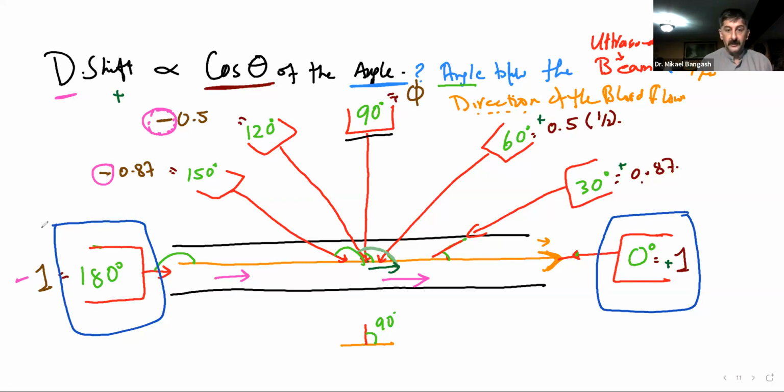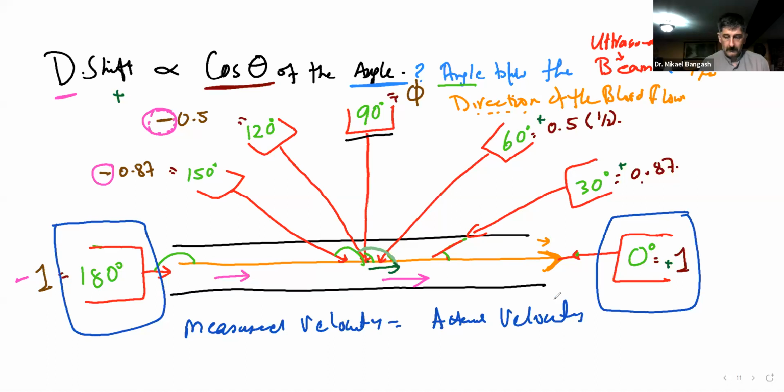These are the only two angles where we mainly can say it's okay that the measured velocity equals the actual velocity. Is that clear?